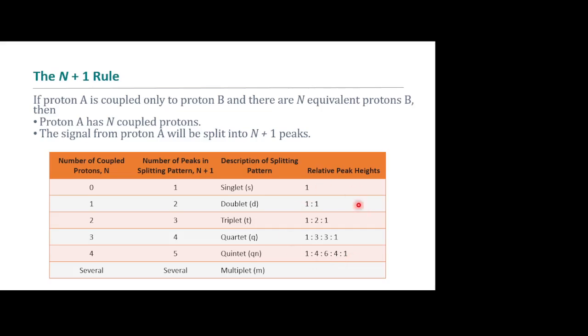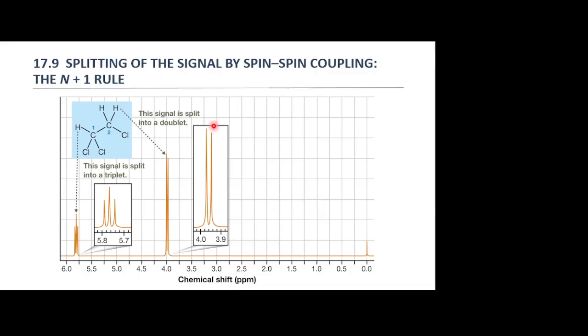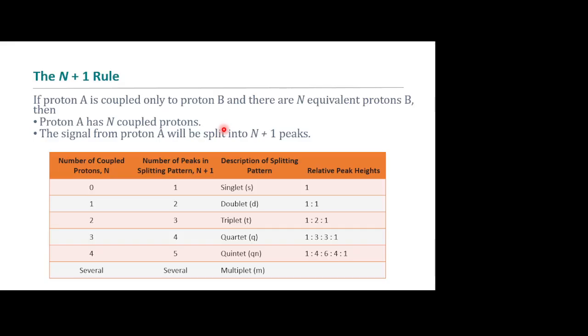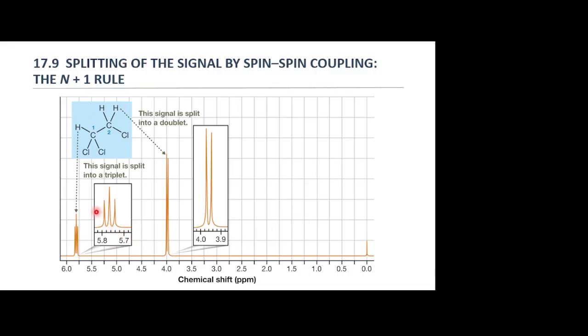Okay? This would be the relative peak heights that you would see. And so when you looked at that doublet, you may have noticed that it's about the same for the peak heights right there. When you look at the triplet, on the other hand, which is right here, notice that when you're talking about these areas under these curves, it's about a 1 to 2 to 1.